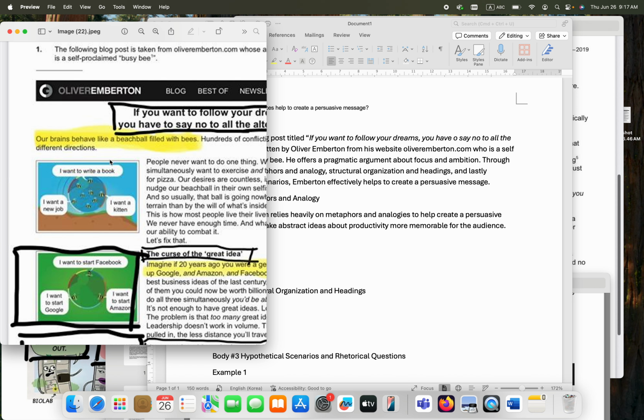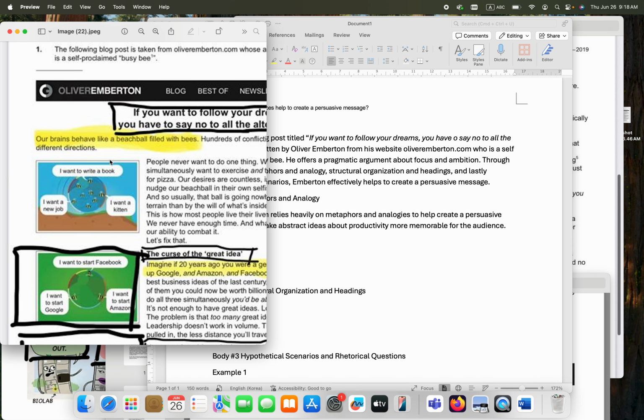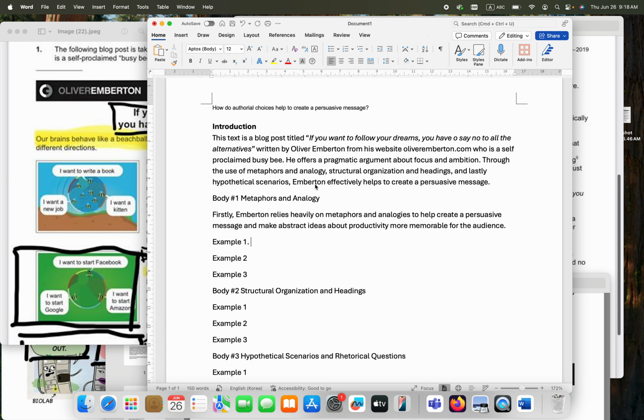And you will want to talk about the effect of this sentence. So you can say this sentence shows that or conveys the message that, or something like that. You can say this surreal image captures the reader's attention and simplifies the concept of internal conflict or something like that. So let's write it down.